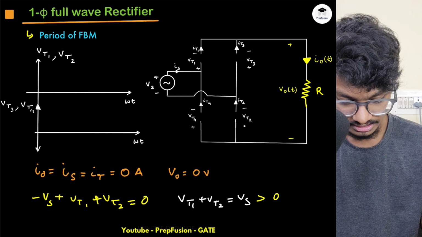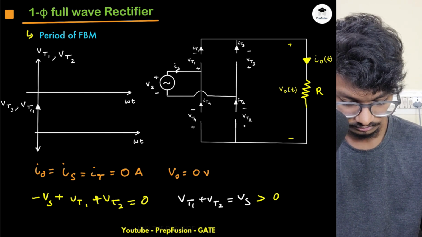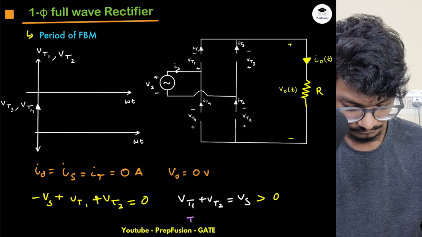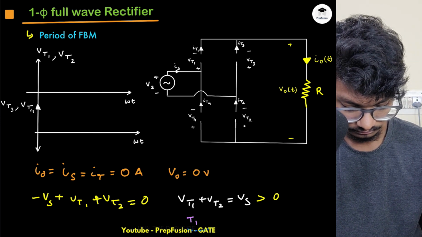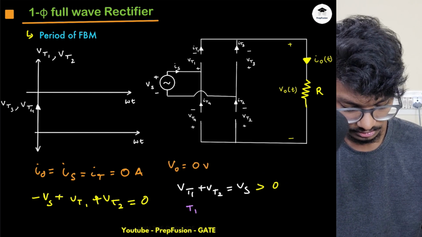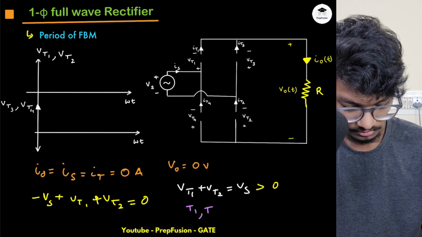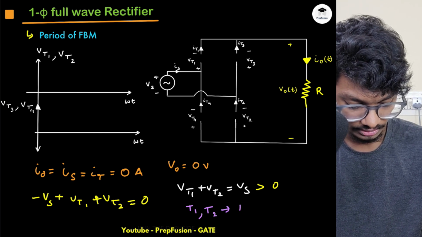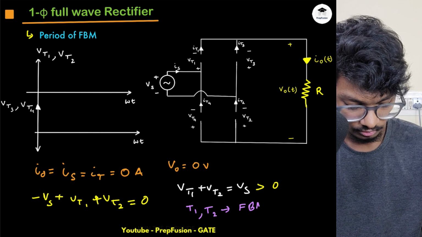So I can say that my T1 and T2 are both in the forward blocking mode.